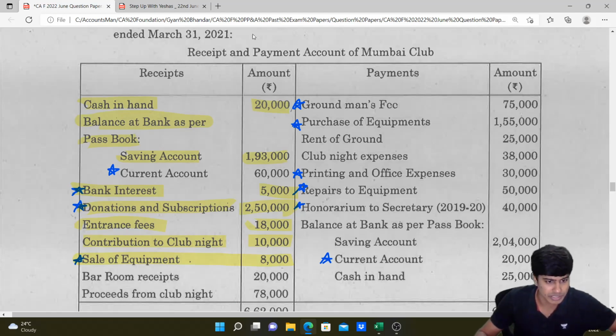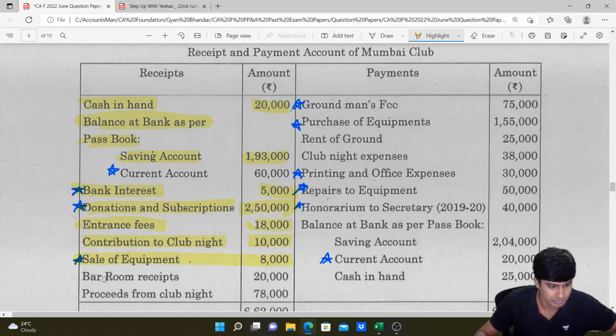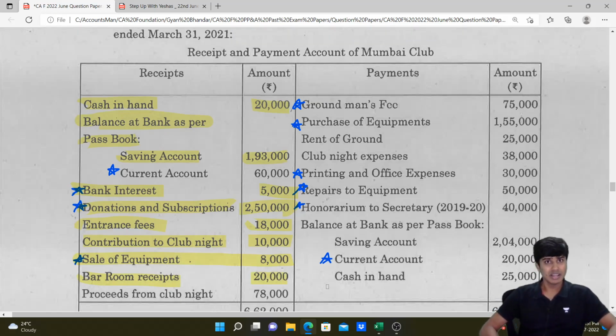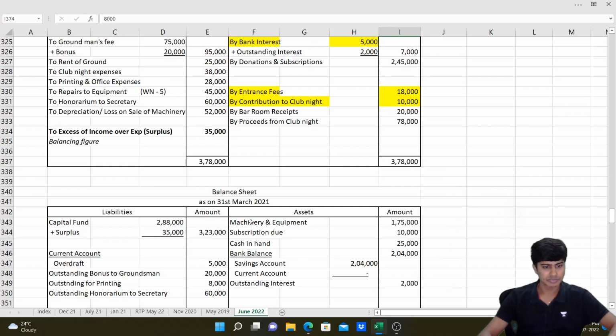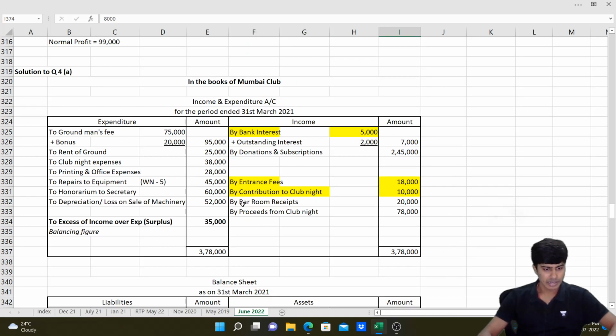By bar room receipts 20,000. When we have bar room receipts of 20,000, this is income and it will go to income and expenditure, credit. As usual and quite obvious. So I'll write here in income and expenditure account, by bar room receipts 20,000.